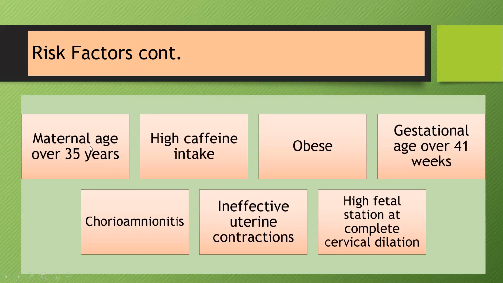Being obese, gestational age over 41 weeks, chorioamnionitis, which is infection of the chorion and amnion, ineffective uterine contractions, and a high fetal station when the cervix is completely dilated. If we have these things going on, we are concerned that we have a potential for a slow or difficult labor or birth.